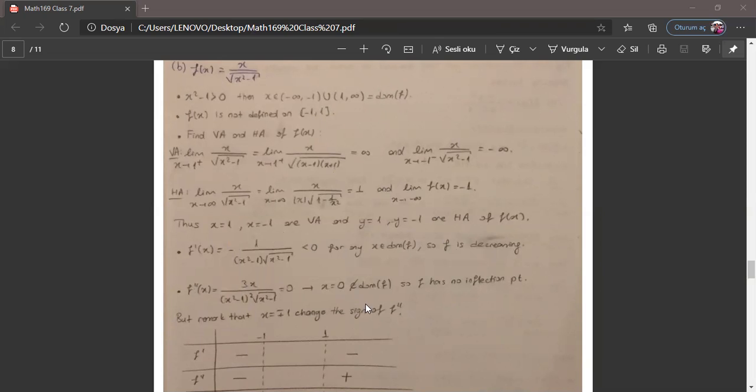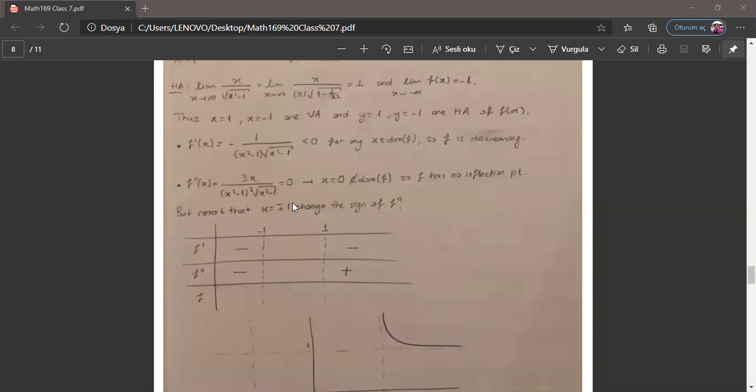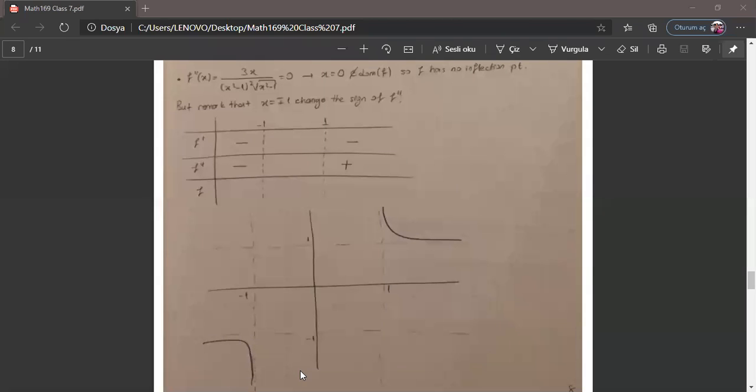So f has no inflection point, as it has no roots, okay? But still, minus and plus 1 change the sign of the second derivative. That's why we again count them. So f prime is always negative, as we said before, and f double prime is positive and negative. Then you can pick something there and find the sign. So it is always decreasing, and downward, then upward, okay?